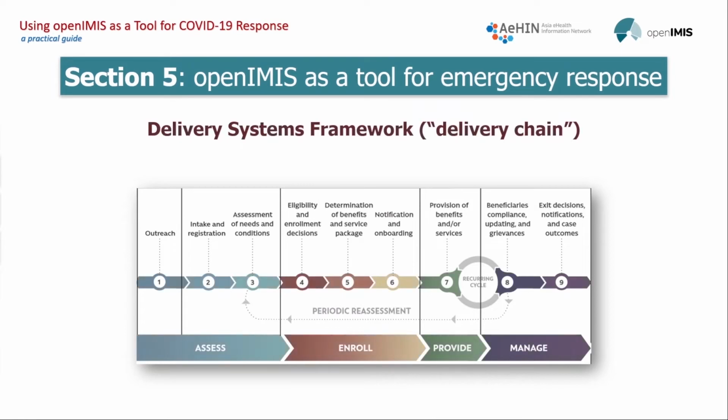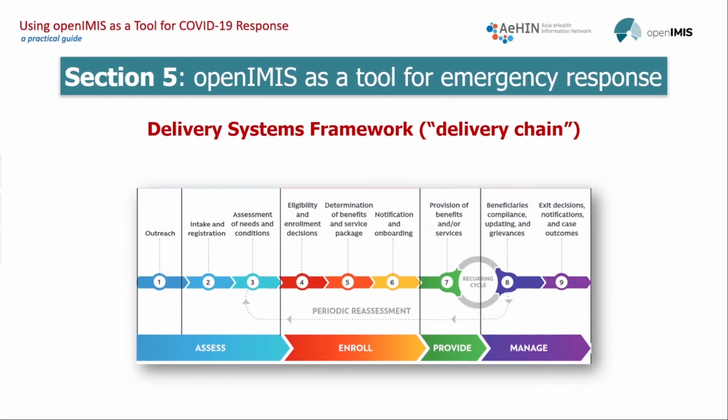This section of the module will utilize the Delivery Systems Framework, or the Delivery Chain, from Lindert et al. 2020, to look across the 4 delivery stages and the specific steps within each stage. The framework is composed of 9 phases within 4 stages. The different phases in the delivery chain shall be discussed in the next segments of the video.